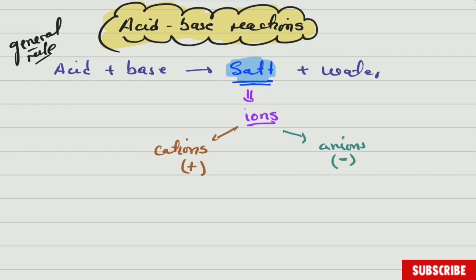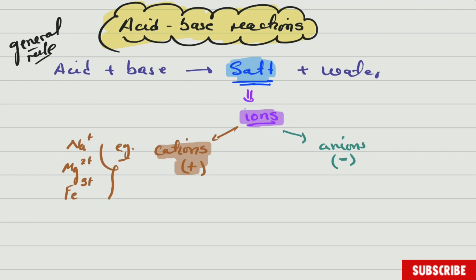So all the salts, guys, are always going to be made out of cations, which are positively charged ions. For example, we have Na+, we have Mg2+, and for instance, Fe3+. These are examples of cations, guys.